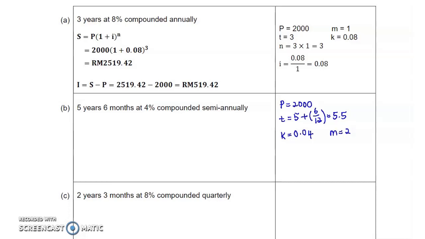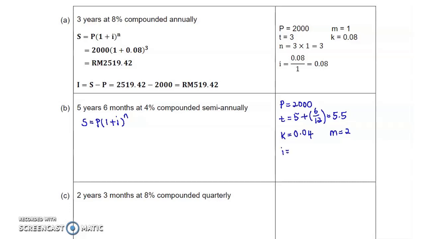Now we want to find the future value or the compound amount. So S equal to P(1 + i) to the power of n. If you look at this formula, you need to calculate value i and value n first. I advise you to calculate them separately.